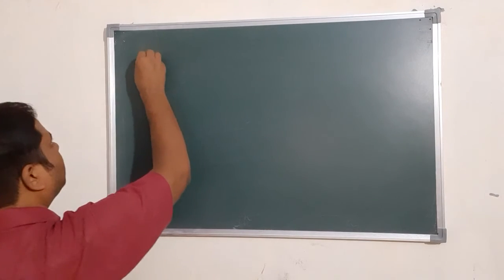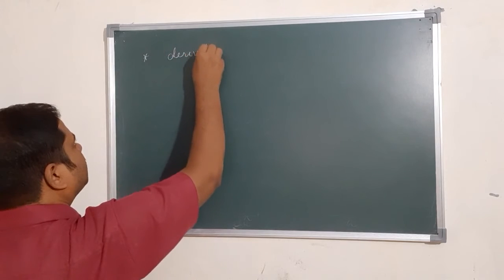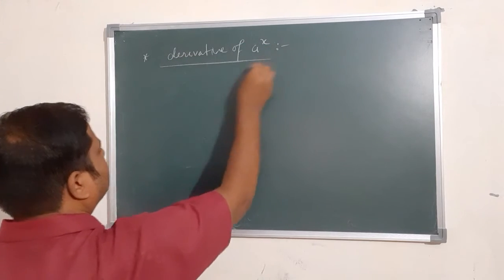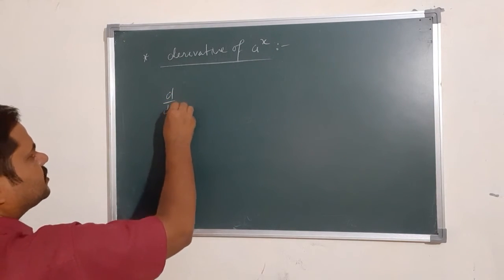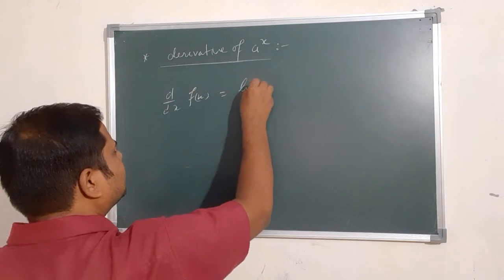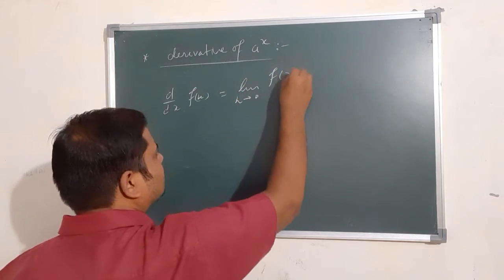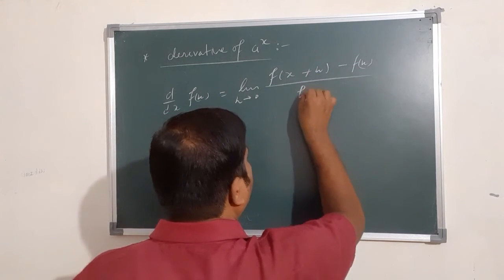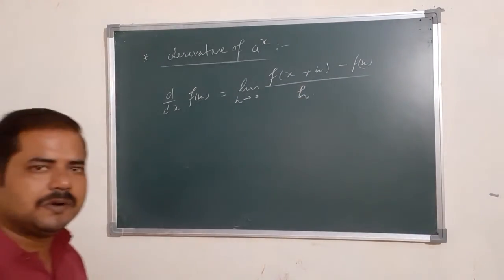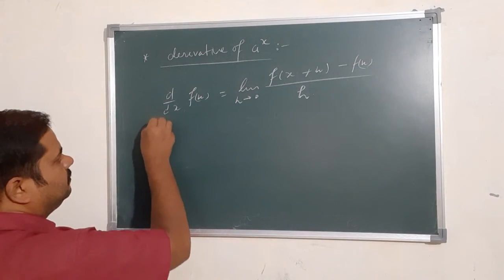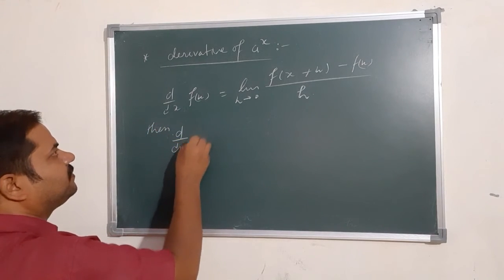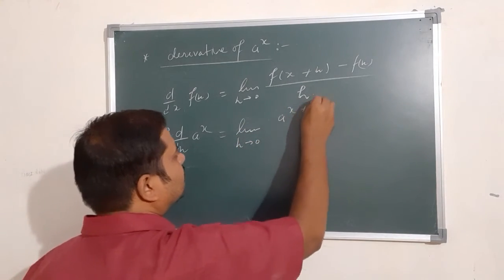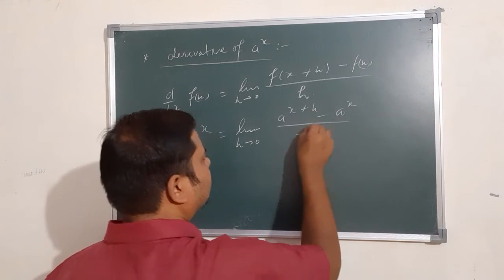As you know, d by dx of f(x) is limit h tends to 0 of f(x plus h) minus f(x), divided by h. This is the definition of the derivative of a function. Then d by dx of a to the power x is equal to limit h tends to 0 of a to the power x plus h minus a to the power x, divided by h.